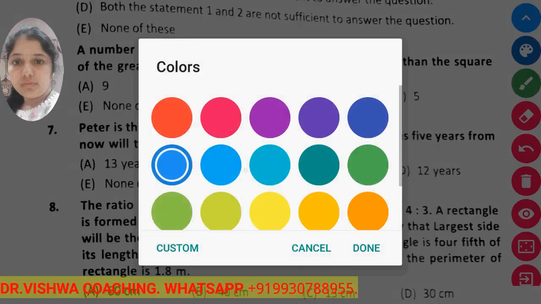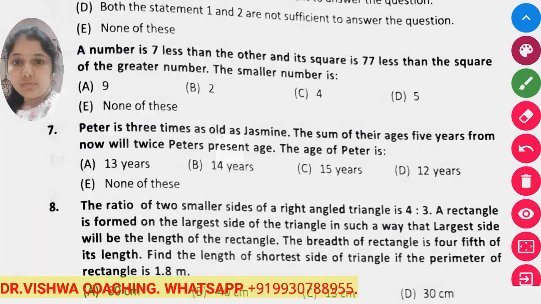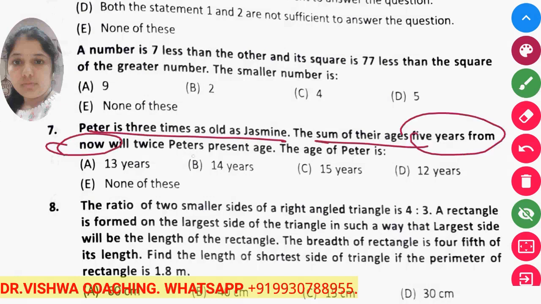Now Peter is 3 times as old as Jasmine. The sum of their ages 5 years from now will be twice Peter's present age. Now the age of Peter is asked. Now see, Jasmine's age is x, then Peter's age is 3 times x. So Jasmine's age is x, Peter's age is 3x.